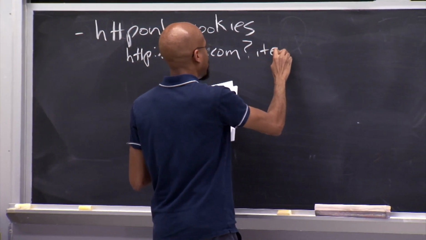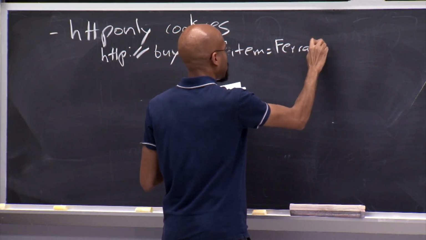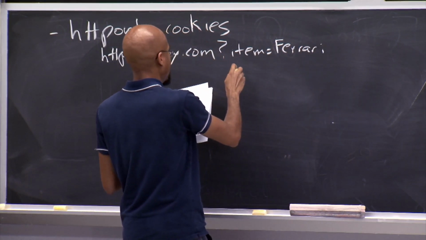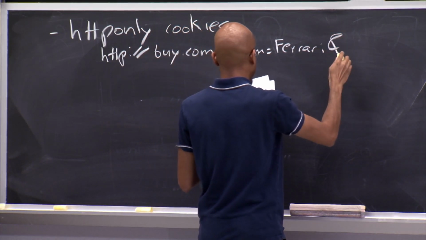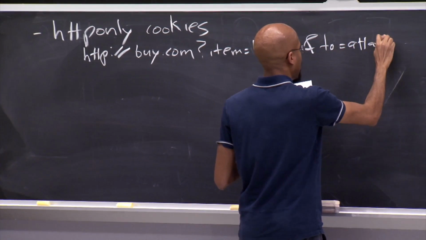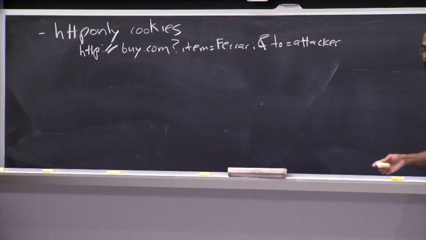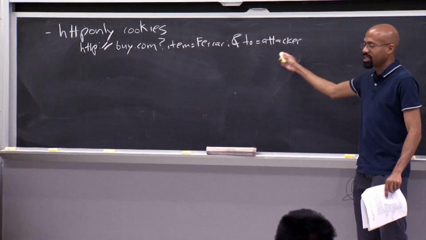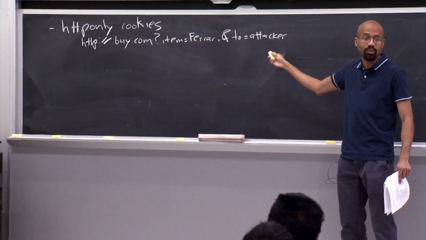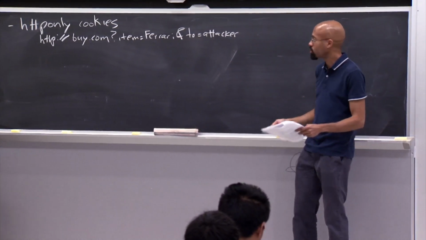The attacker can put whatever item they want to buy, say a Ferrari, and then say who it should go to: the attacker. Even though client-side JavaScript can't access the cookie, nothing prevents the attacker from conjuring up a URL like this. This is what CSRF tokens help to prevent, which we'll talk about a little bit later.